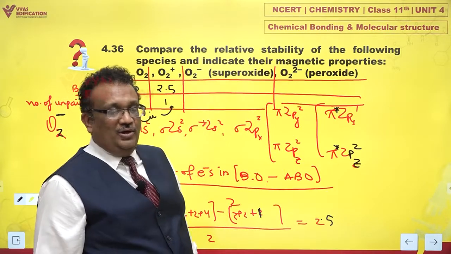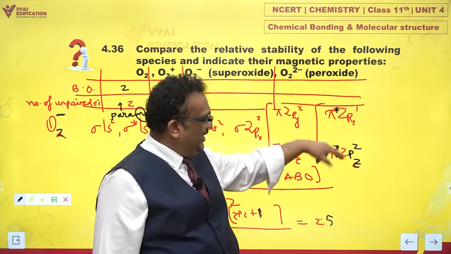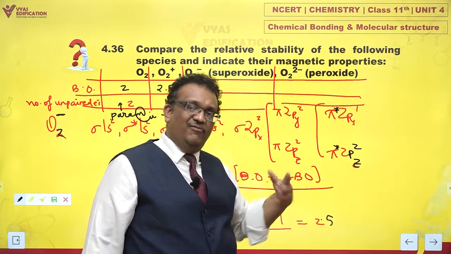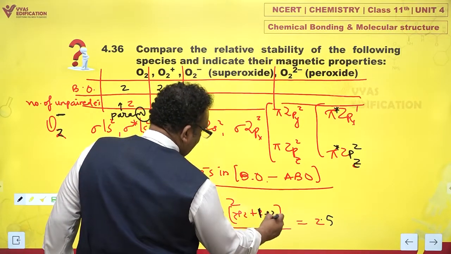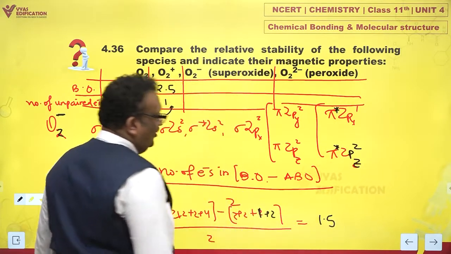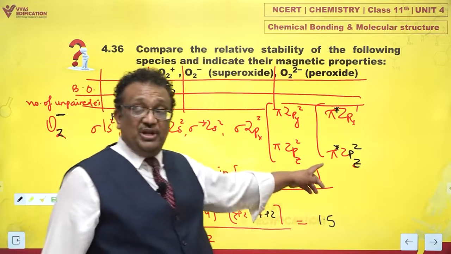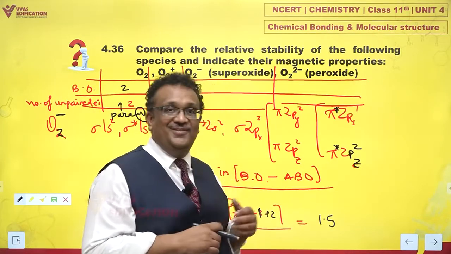Okay, why not in pi star 2py? You can add in 2py also, no problem. Any one of these can have 2, the other one will have 1. What about bond order? Well, bond order gets reduced to 1.5. My God, because 2 extra electrons entered into antibonding orbital, the bond order has been reduced.